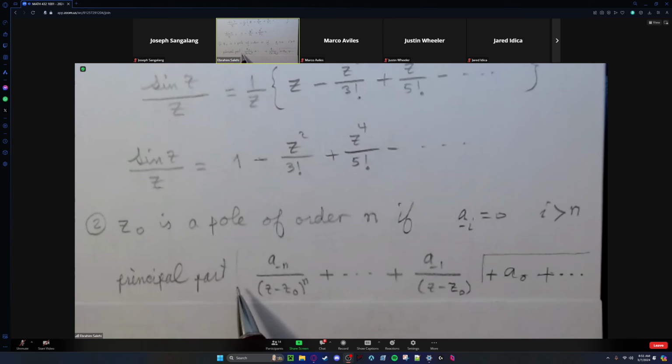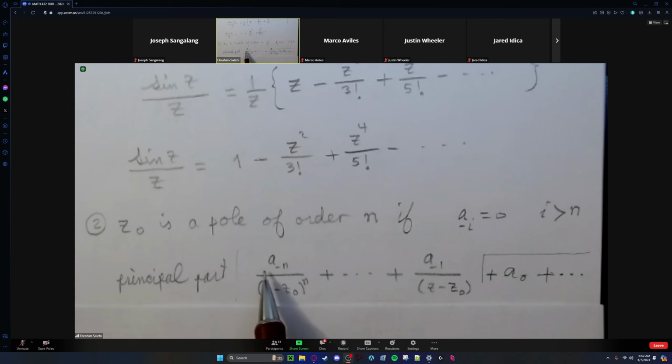But if there is a finite number of terms in the principal part, let's say the highest degree in the denominator is n, provided this coefficient is non-zero, if this happens, we only have, let's say, n of them in the principal part. This Z naught, we call a pole of order n.